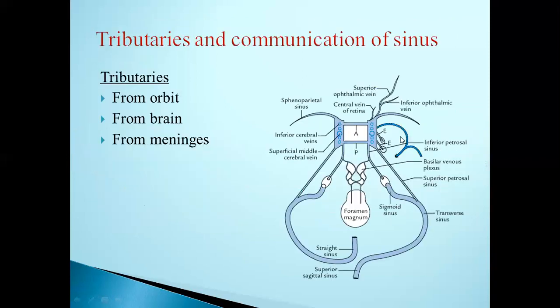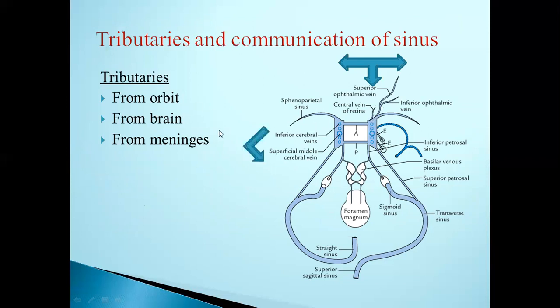Then what are the tributaries and communications of the sinus? So it receives many draining channels, some from orbit, some from brain, and some from meninges. So from orbit, it receives superior ophthalmic vein, central vein of retina, and inferior ophthalmic vein. So these three draining channels, they come from orbit into anterior part of sinus.